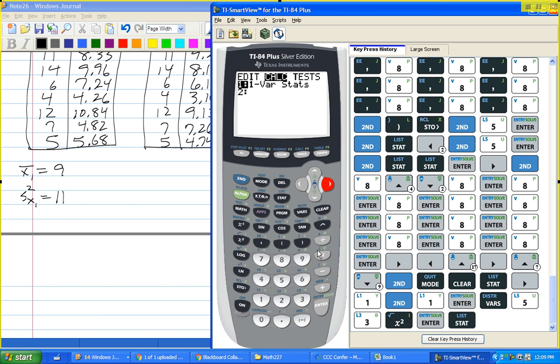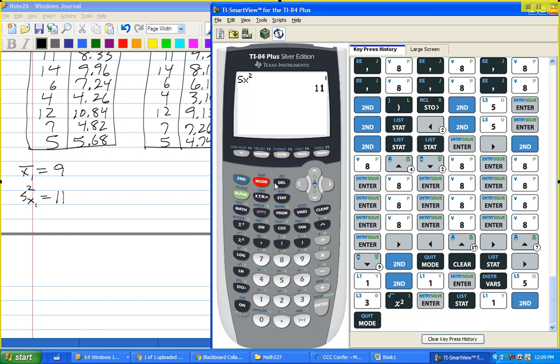One-var stats for L2. What in the world? I have no idea how I got there.